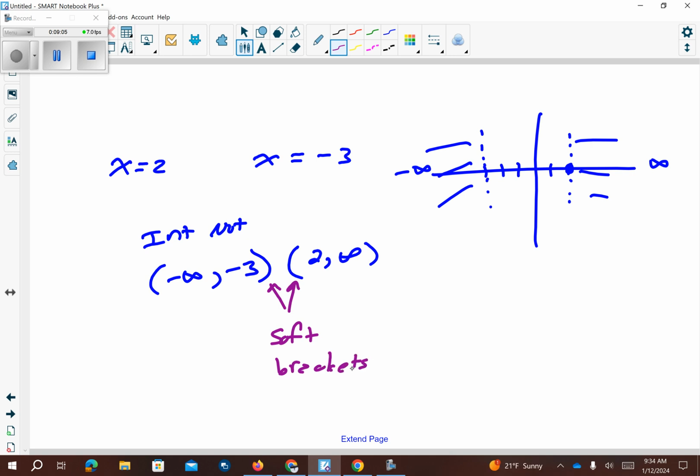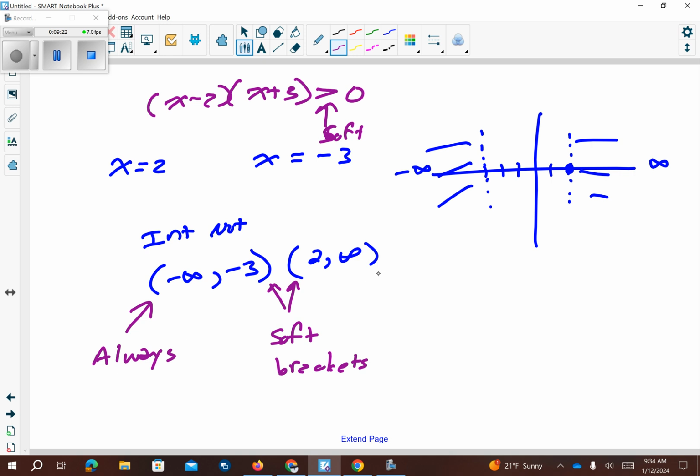The reason the soft brackets take place is our original problem, which was this. This is instituting soft brackets. And then the infinities always have a parenthesis or a soft bracket, because we can't theoretically ever get to infinity. Okay? Does that problem make sense?